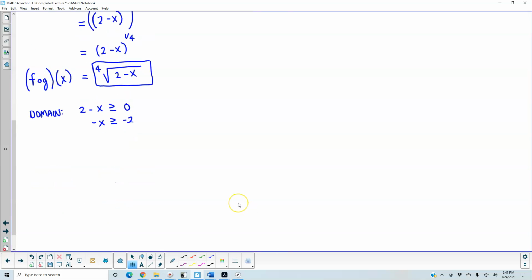If we divide both sides by a negative, we flip the inequality to get x is less than or equal to 2. So the domain is x such that x is less than or equal to 2, or negative infinity to 2 with a bracket.